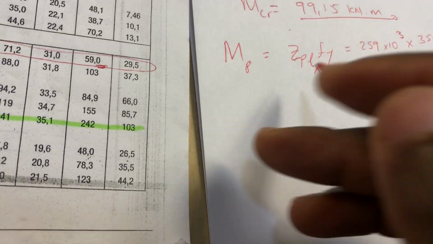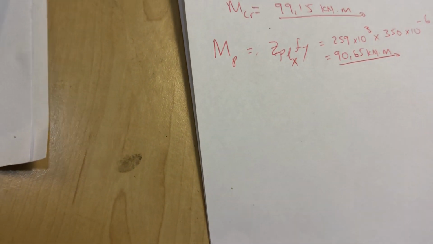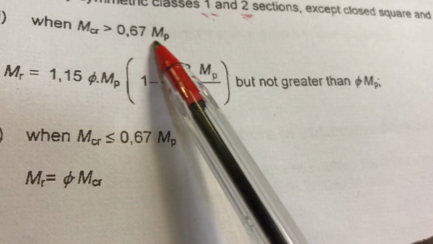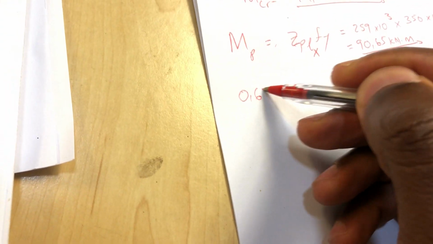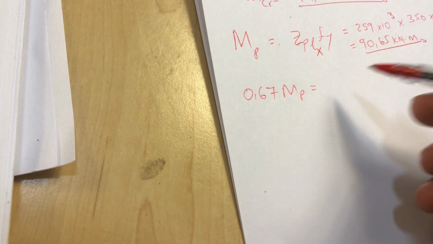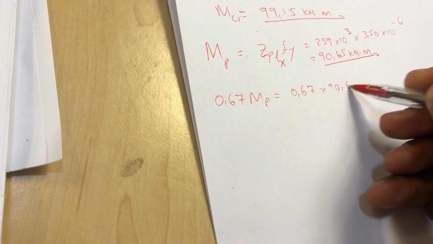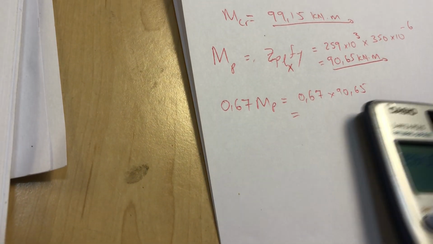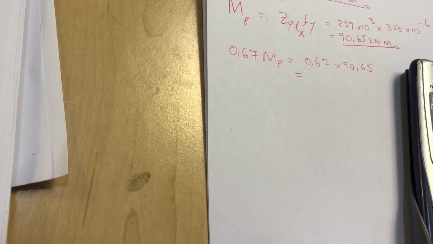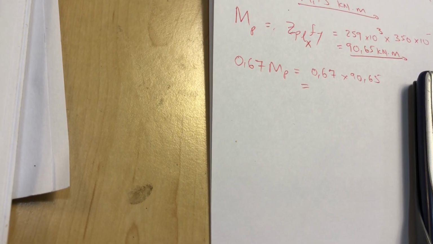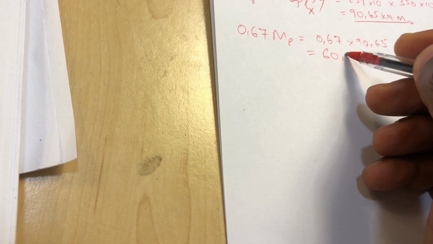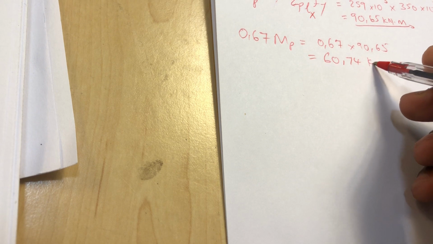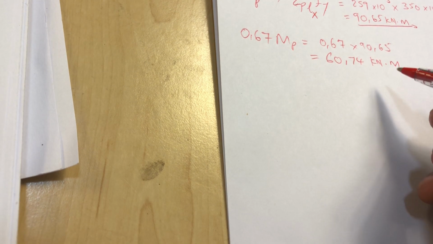Now we have to find, because remember it says 0.67 MP. So we need to find 0.67 MP, which is 0.67 times 90.65. And then this will give you 60.74 kilonewton per meter.